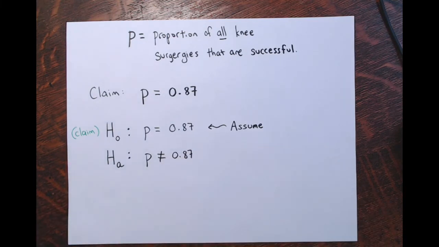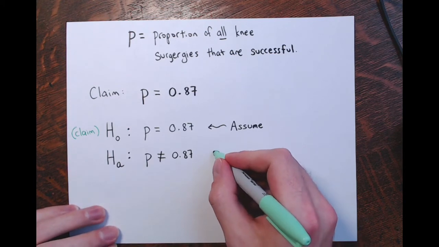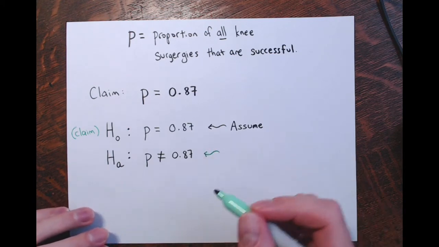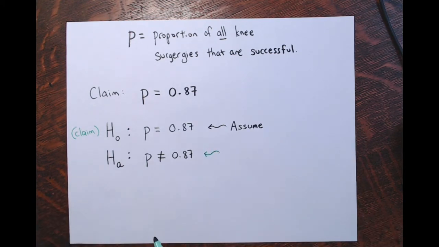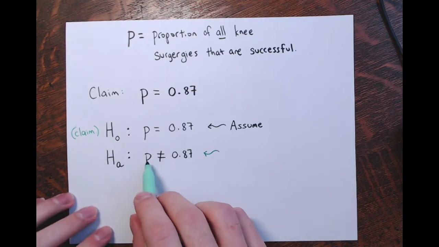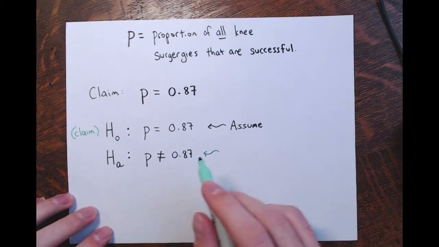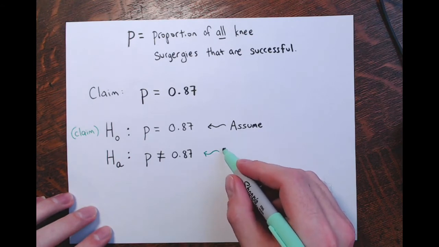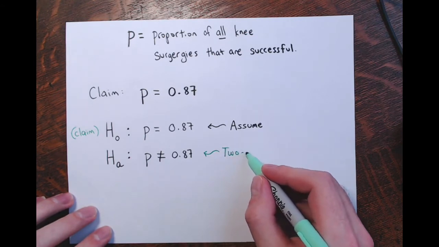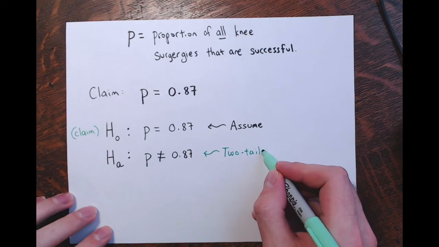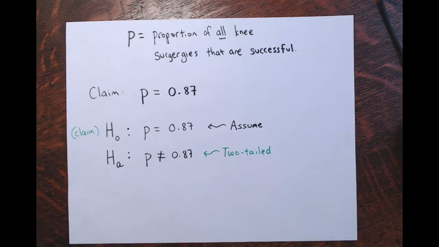And again, from the way the alternative hypothesis looks, that tells you what kind of test you're running: right-tailed, left-tailed, or two-tailed. When the parameter is not equal to some value, that is a two-tailed test. So I'm running a two-tailed test here.